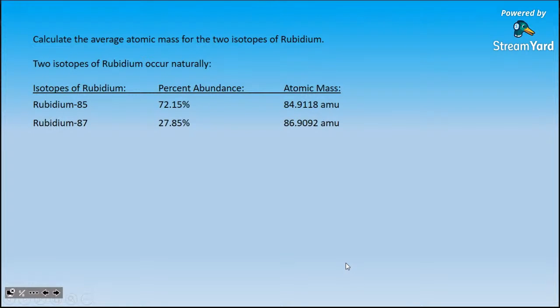I'm going to show you a little bit of an easier method to do this instead of each thing into the calculator separately.